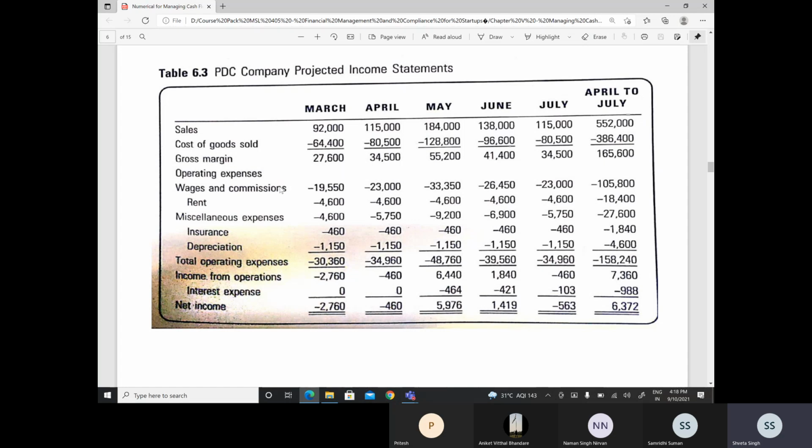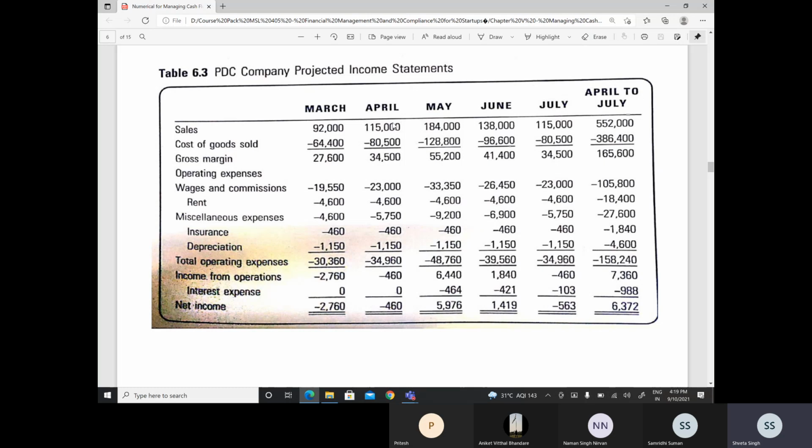From this, we took out all the operating expenses, that is wages and commissions of 19,550, rent of 4,600, miscellaneous expenses of 4,600, insurance of 460, depreciation of 1,150, and we got total operating expenses of minus 30,360. So hence we made a loss from our operations, and the loss is minus 2,760. There is no interest expense in March and the net income is minus 2,760.